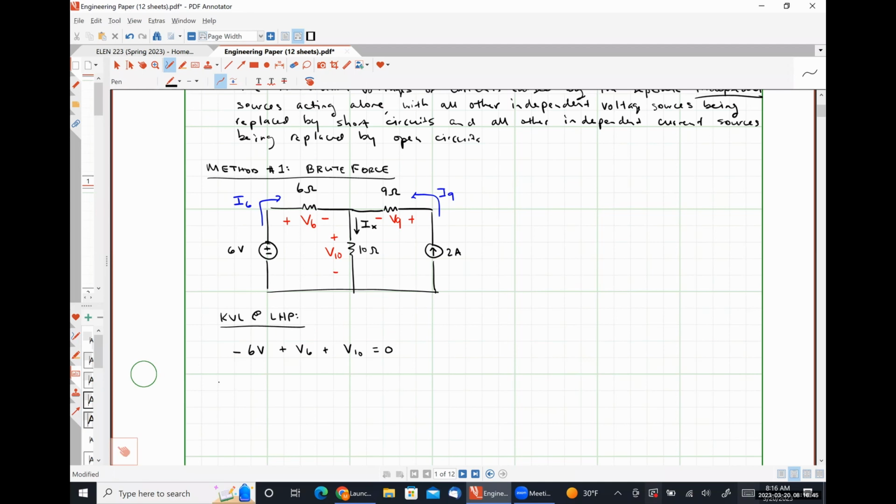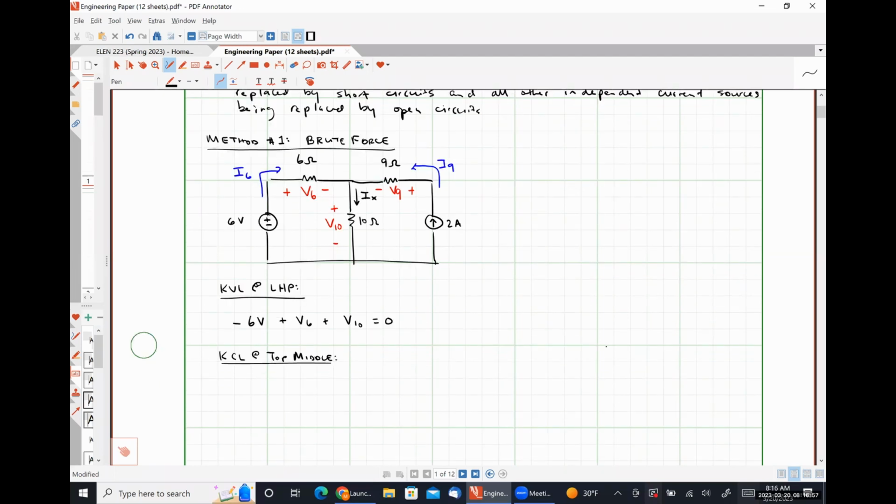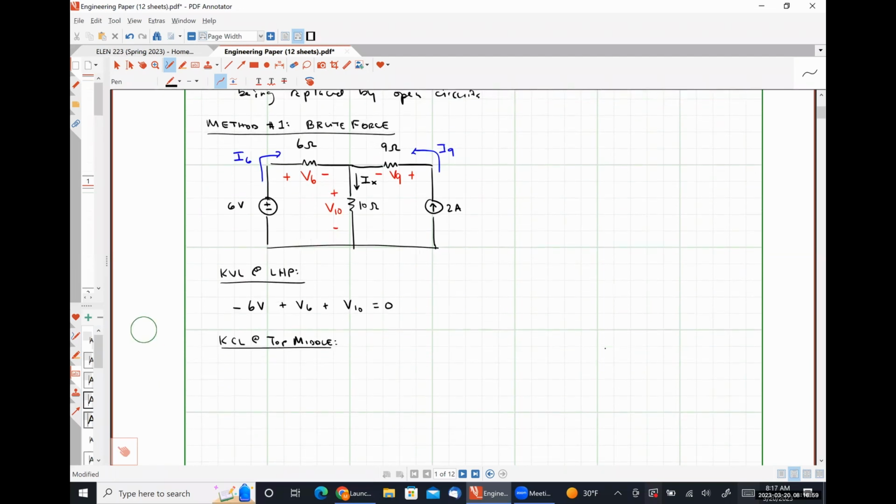And I'm going to write a KCL equation at my top middle node. So I'm going to say IX is the current flowing out, and that is going to be equal to my currents flowing in, which is I6 and I9. But by observation, I can see very easily that I9 is simply 2 amps.